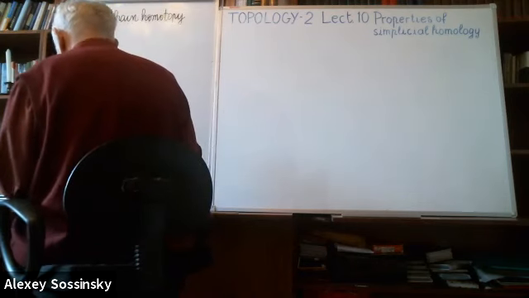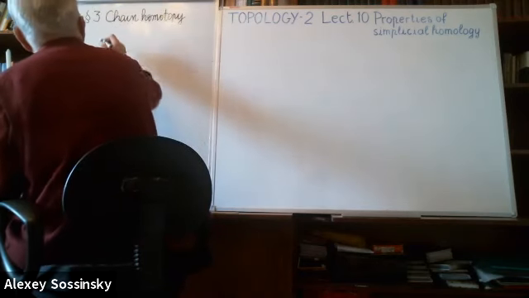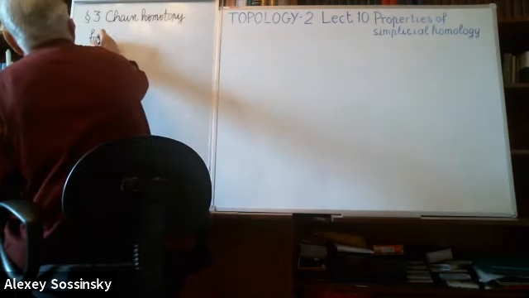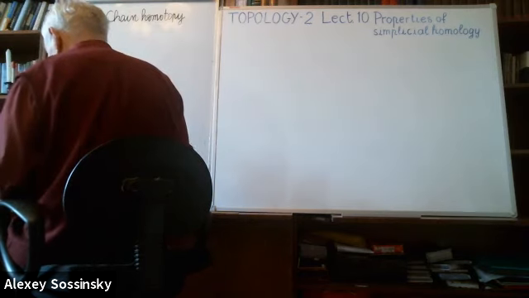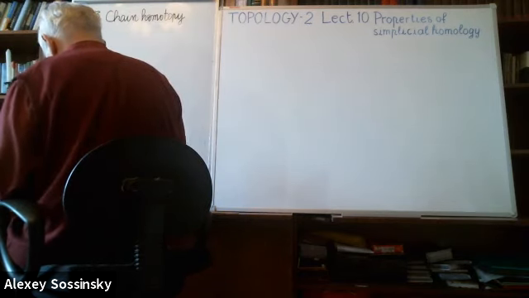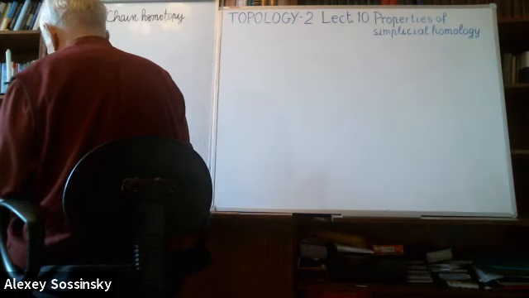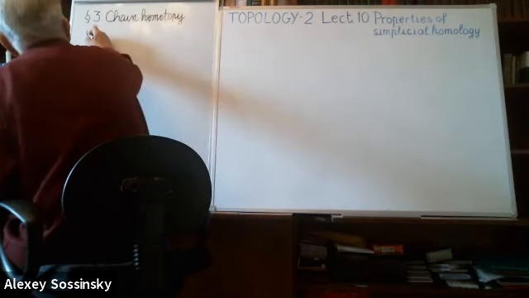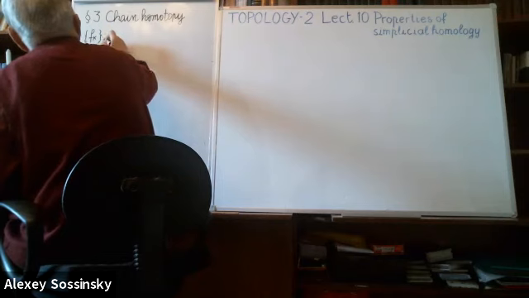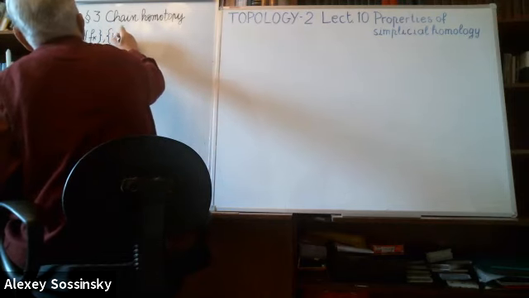Here it is. Supposing we have two chain maps. We at this moment are in algebra. We have two chain maps, Fk and Gk.